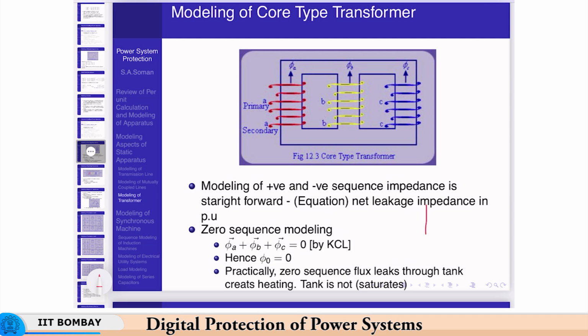There will be some path which exists for the zero sequence flux through the tank and some common metallic elements, and that is why there will be some leakage, and there will be some zero sequence flux which is very low compared to the positive and negative sequence fluxes, and hence the zero sequence inductance will be much lower than the positive and negative sequence inductance, close to 0, but not exactly 0.